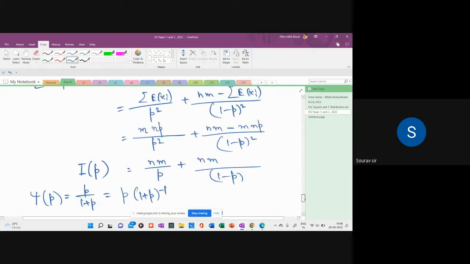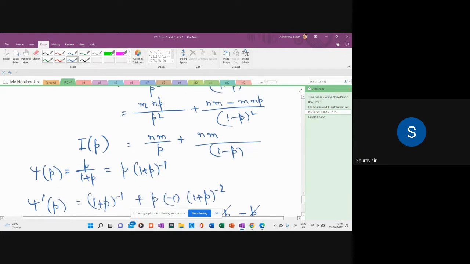I think we can simplify this a little bit more. We can actually take nm common and then we can write 1 by p plus 1 by 1 minus p. That is going to give me nm by p into 1 minus p.